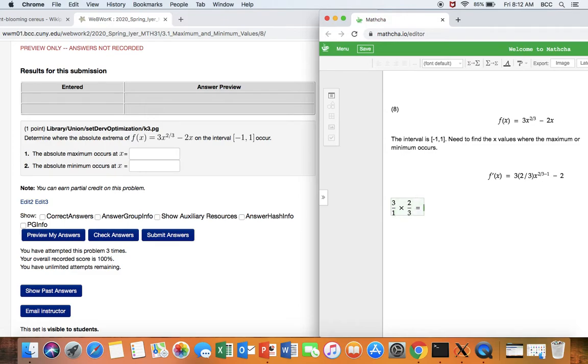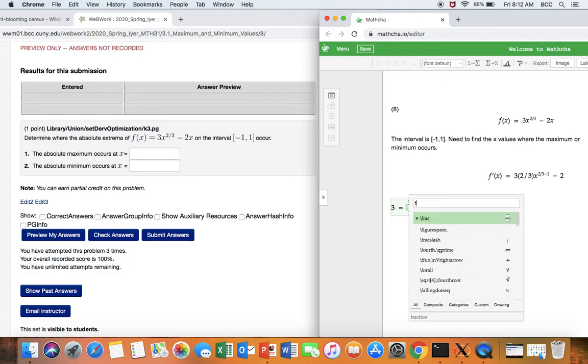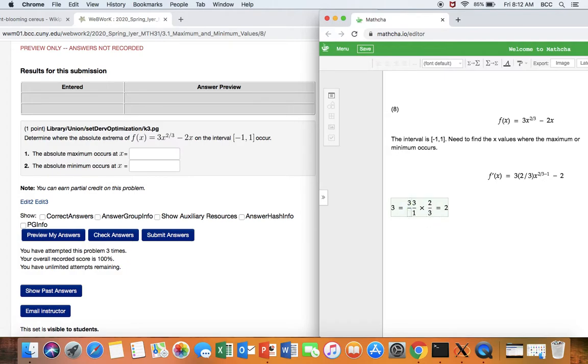So what happens to my net result? 3 cancels the 3 and all that I have is 2. So this 3 is written as 3/1 and 2/3 is 2/3. Reducing, it becomes 2. So this part gives me 2.